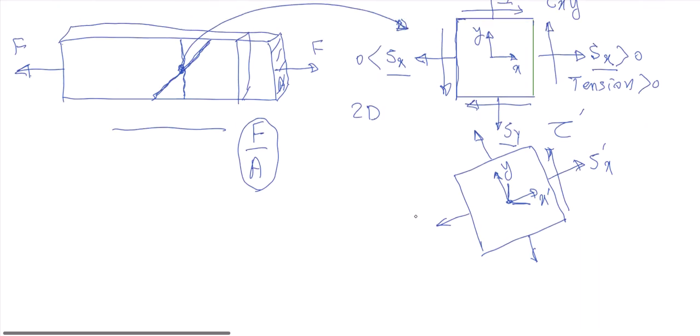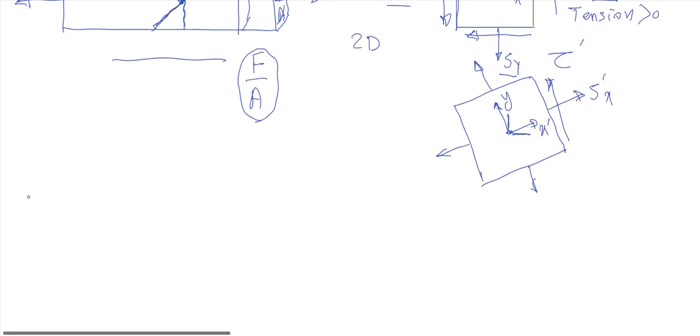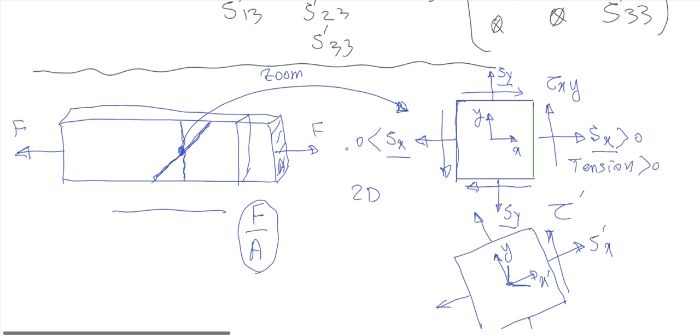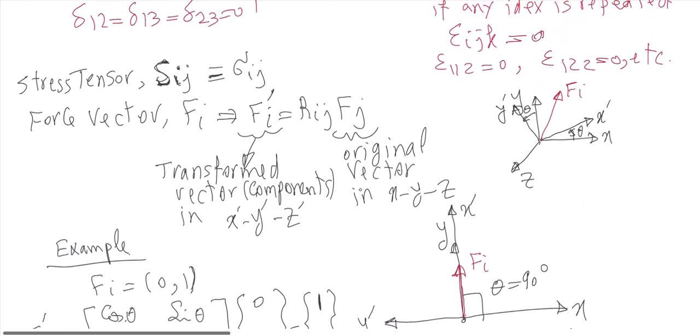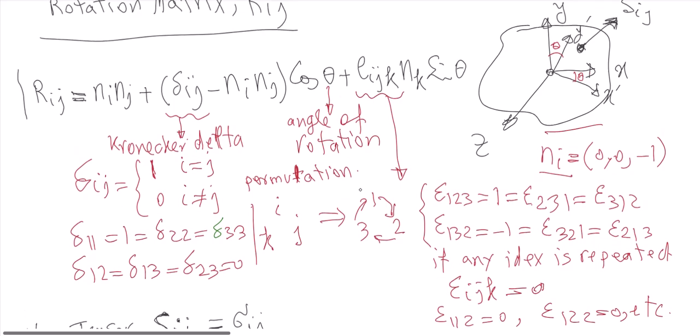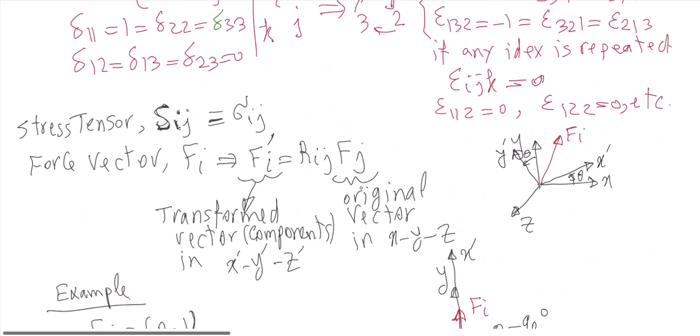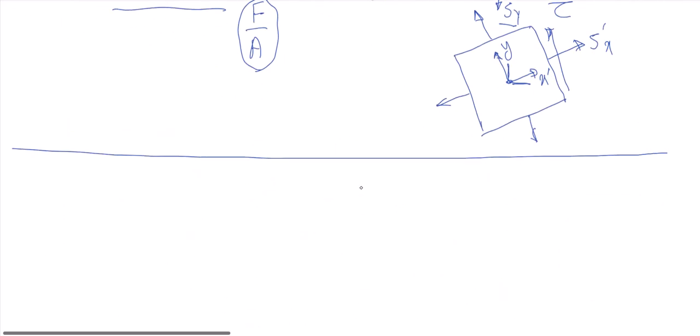Okay, having said that, a brief explanation about why we care about finding components of a vector or a stress component in rotated coordinates versus the initial state of the stress. We'd like to do it in 2D and then later, maybe in a second video, in 3D, based on the explanation that I gave you here.